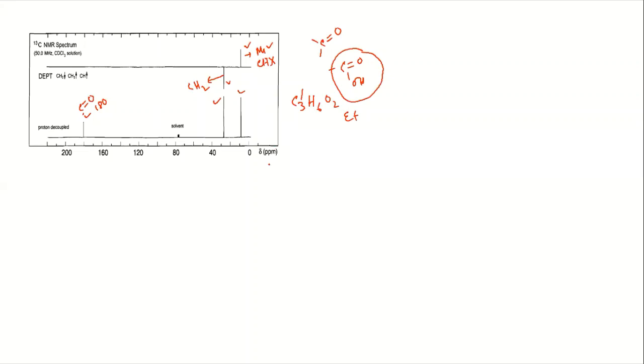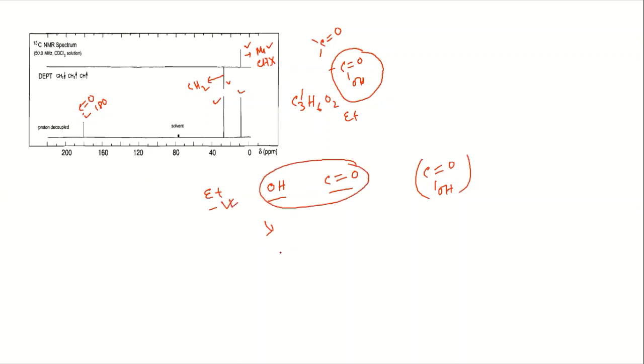From all these confirmations, on one side you have ethyl, OH, and C double bond O. These are your different fragments, and you have the carboxylic acid functional group. So you couple these, and your structure will be C double bond O, ethyl, and OH.